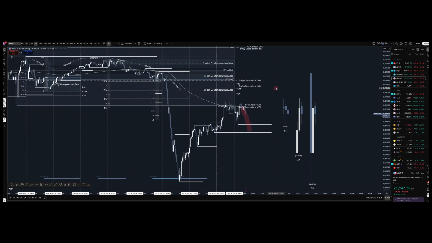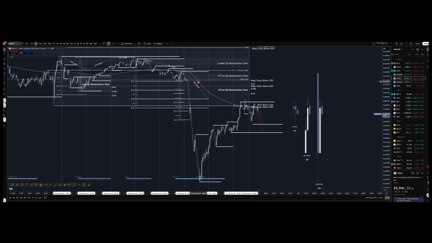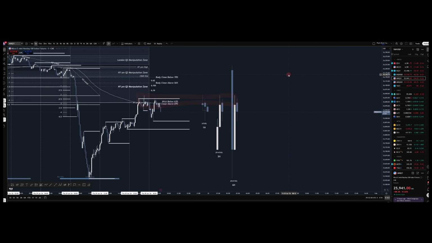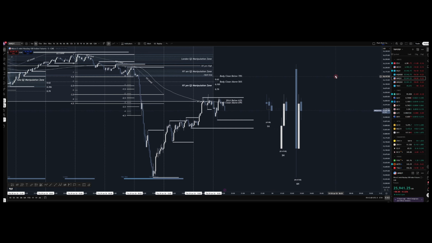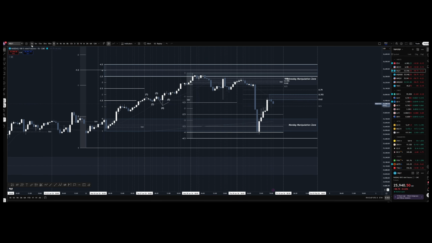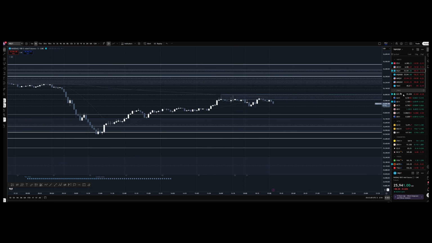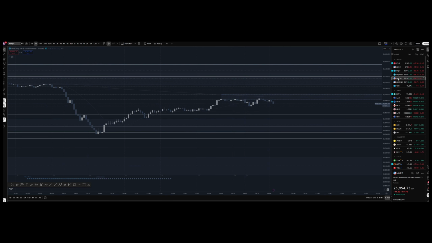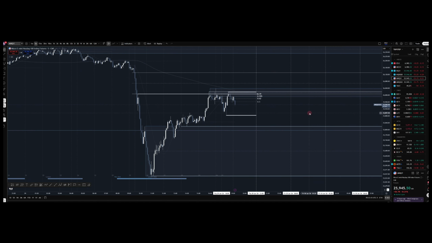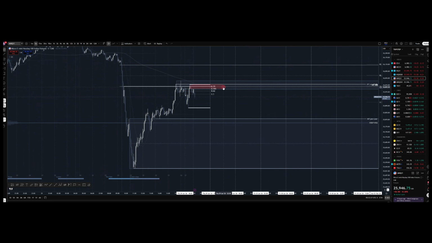There she goes. 200 SMA, H1 wick. $7.9 suit.